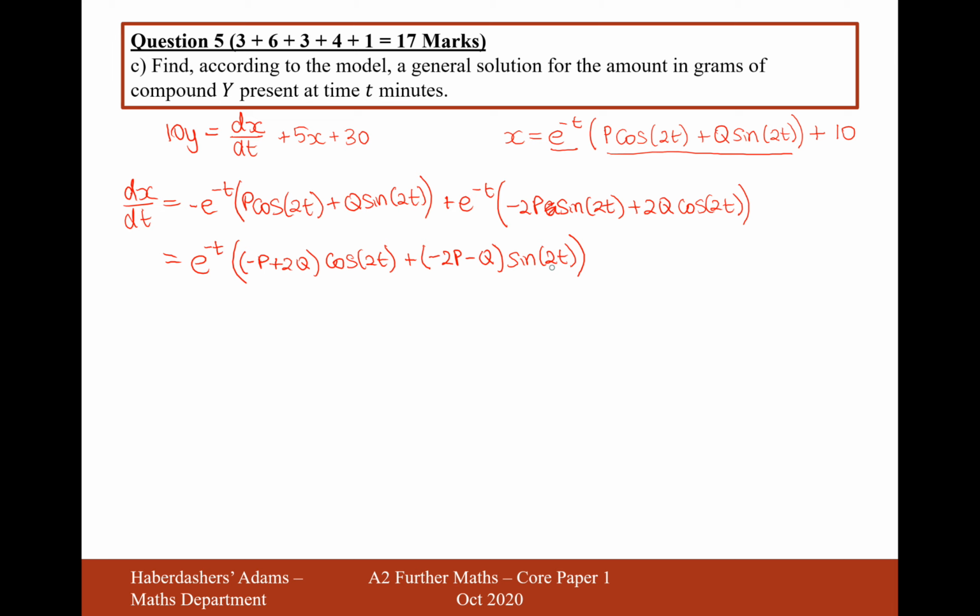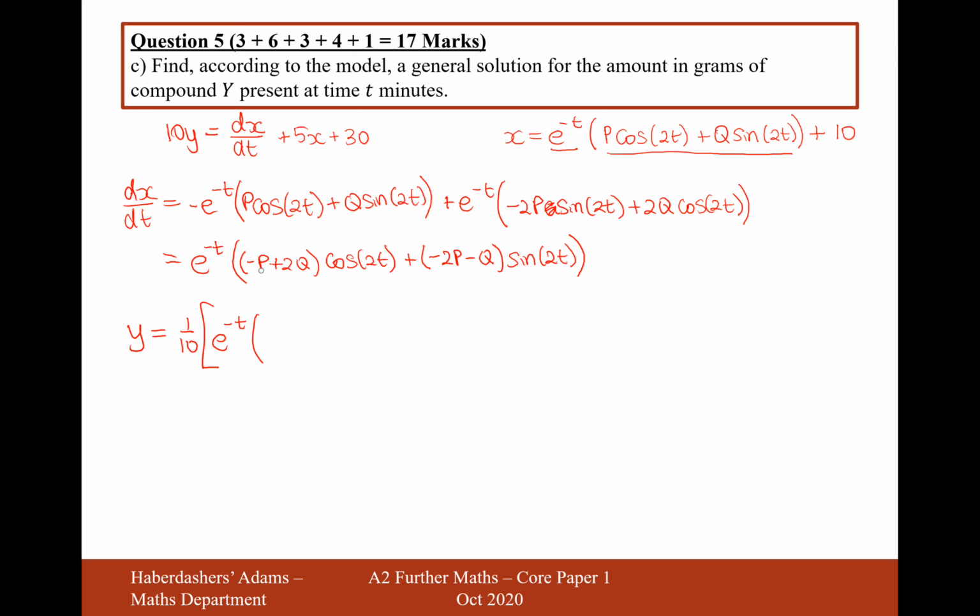Now what I need to do is take the first differential, add 5 lots of x, add 30, and that will give me 10y. Let's try and do it all in one go. So y is going to equal 1/10 of, the first differential, so that's going to be e to the minus t. Let's do all the cos bits in one go, because this bit's e to the minus t as well.